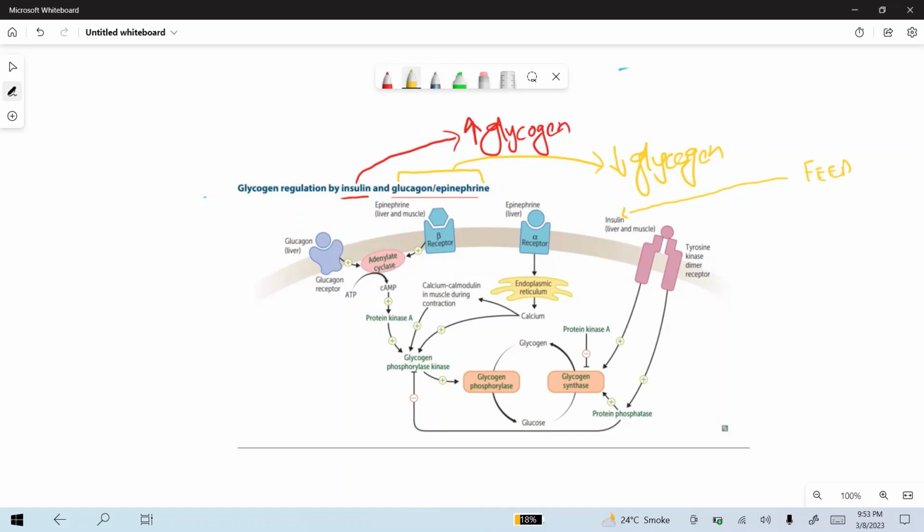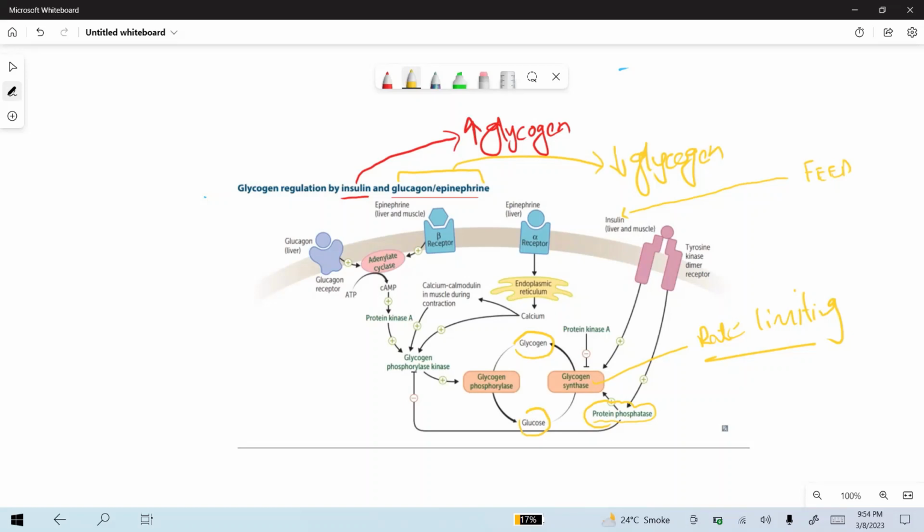This receptor activates the enzyme protein phosphatase, which ultimately activates glycogen synthase, the rate limiting and rate determining step of glycogen synthesis. Glycogen synthase converts glucose into glycogen.